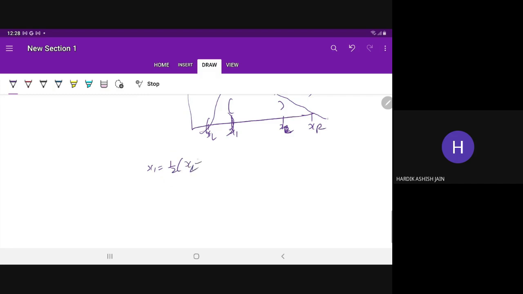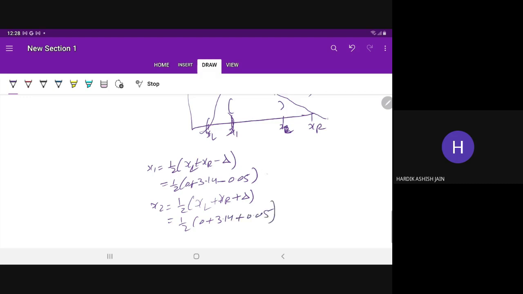Okay. So x1 is half of (xl plus xr minus delta). For the first step, it is half of (0 plus 3.14 minus 0.05). And x2 is half of (xl plus xr plus delta), that is half of (0 plus 3.14 plus 0.05).